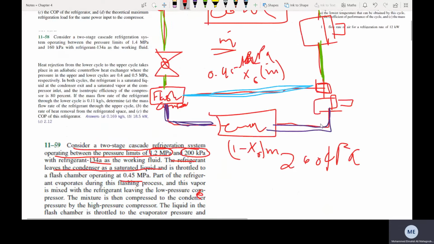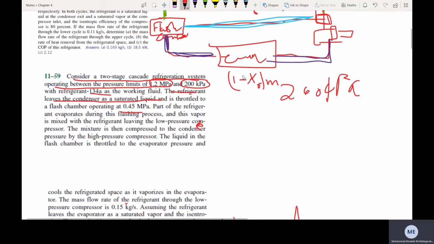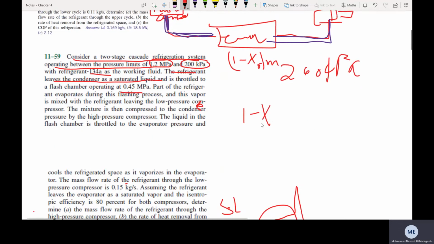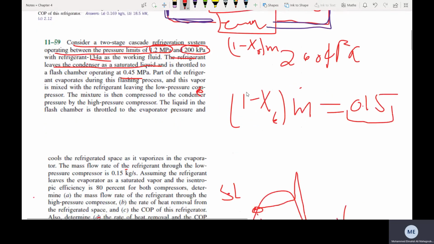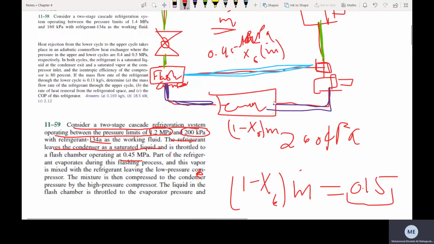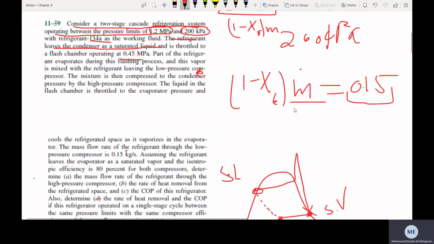This is it. It tells me that 1 minus x6 multiplied by m dot total is equal to 0.15. So this is the amount of mass flow rate that is recirculated for the lower pressure compressor. So I can find the total m dot if I find x6.